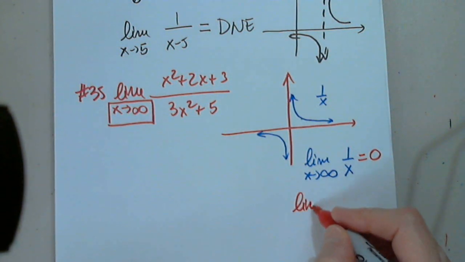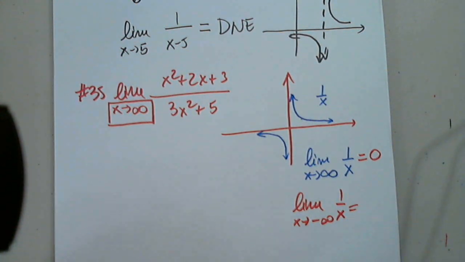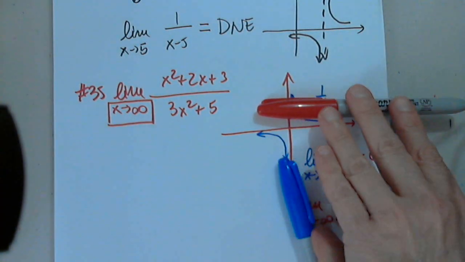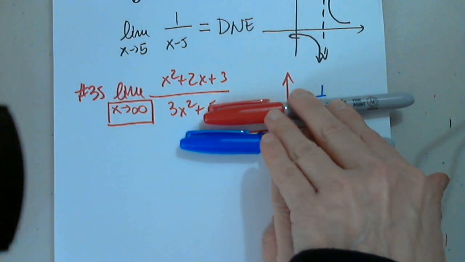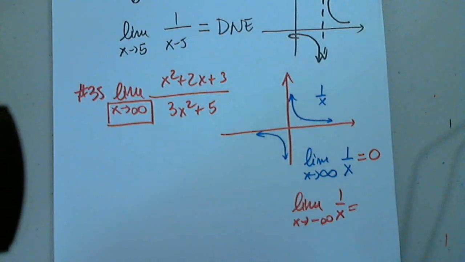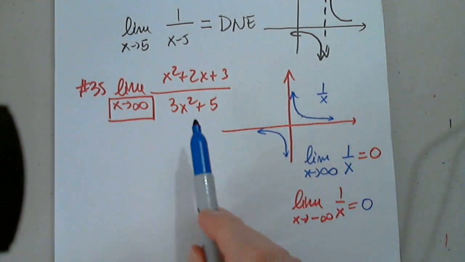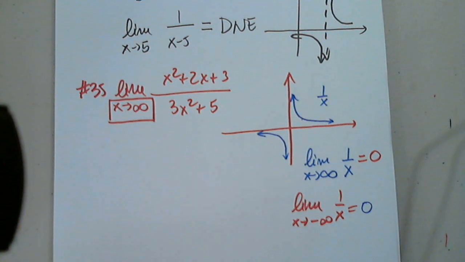Perfect. Limit as x approaches negative infinity of 1 over x. X is with red, function is with blue. It also goes to 0. Exactly. Good. Let's analyze this situation.